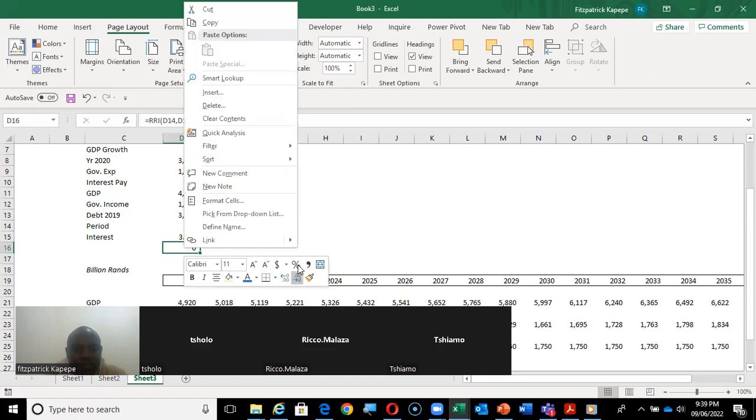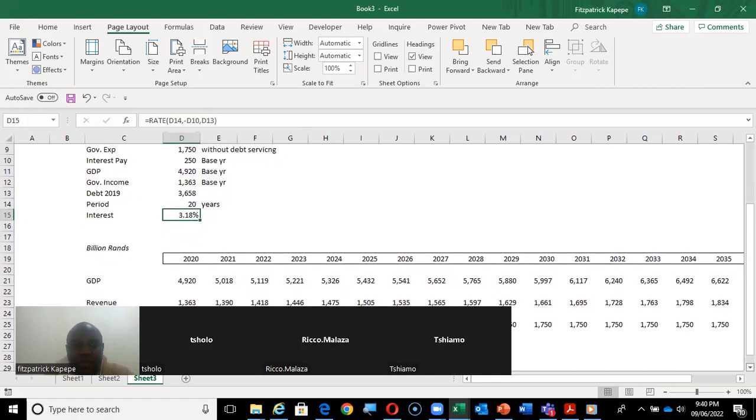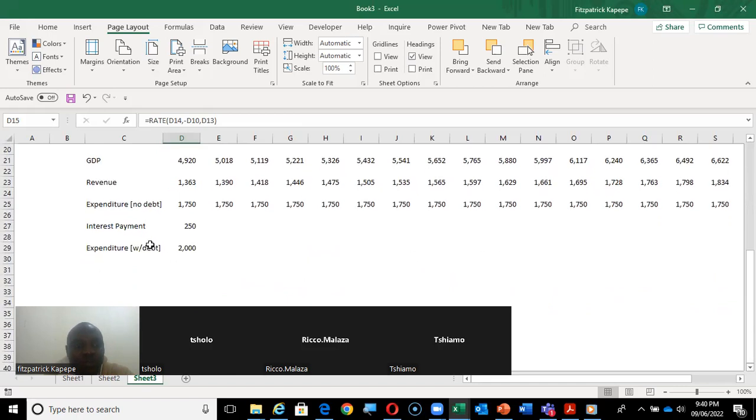It's very low. Okay. I'll leave it at this. So using the rate, looking at the interest payment that was made for 2019, which came in 2020, there's 250, then you have the debt, 3658. So we get the interest 3.18%, which we can now use.